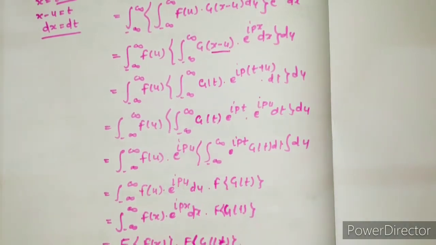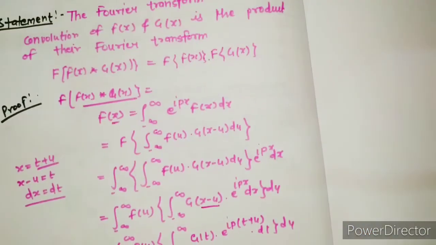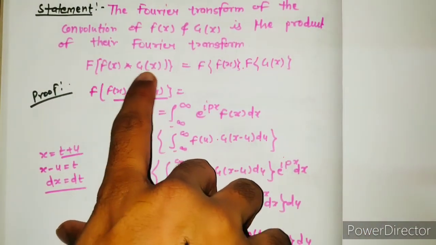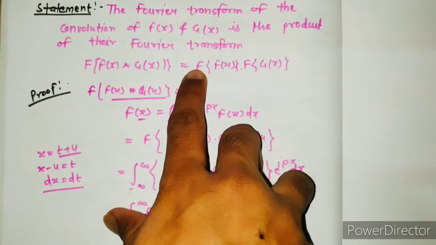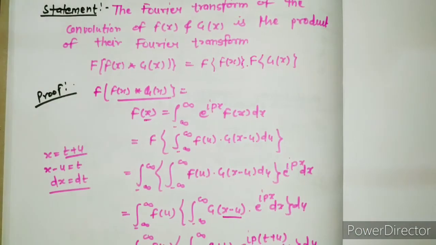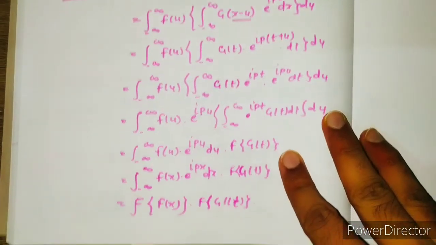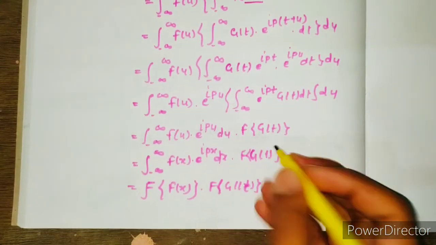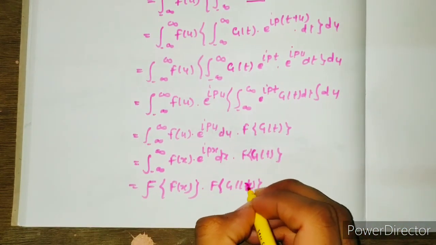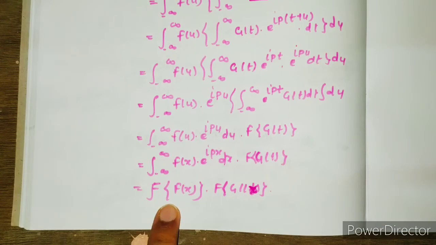The final result of this proof: the Fourier transformation of the convolution f convolution g is the product of F of f(x) and F of g(x). We proved it only in the x term, changing and interchanging the variable, both in x terms.